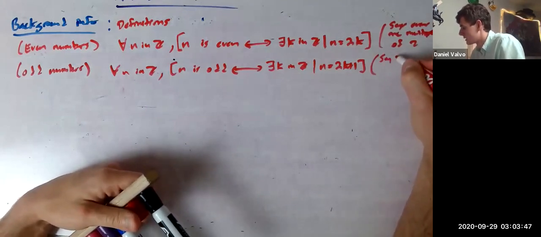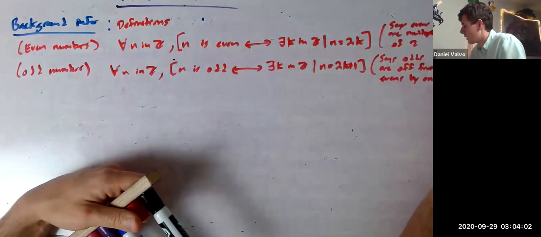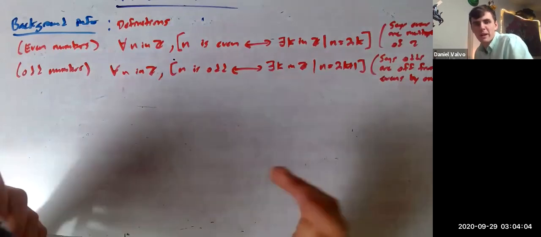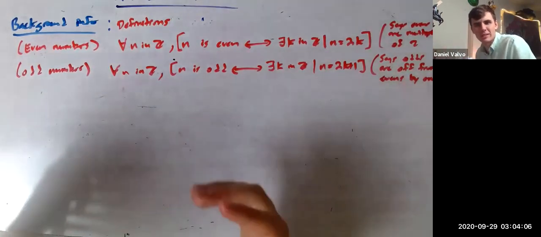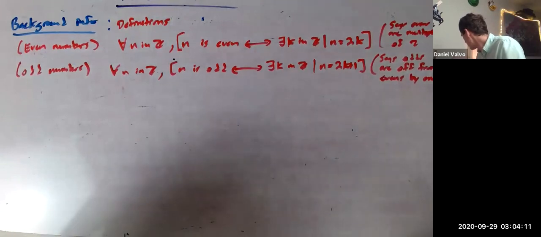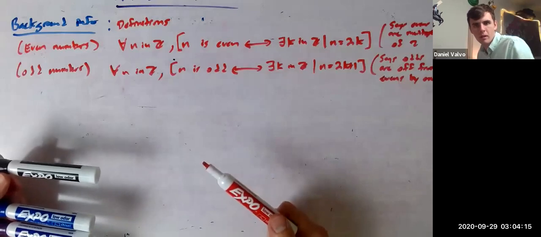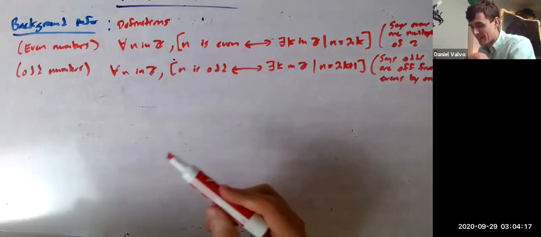So this just says odds are evens plus 1, basically, off from evens by 1. Which should make sense based on our intuition of how these things work. Any questions on this? Okay.